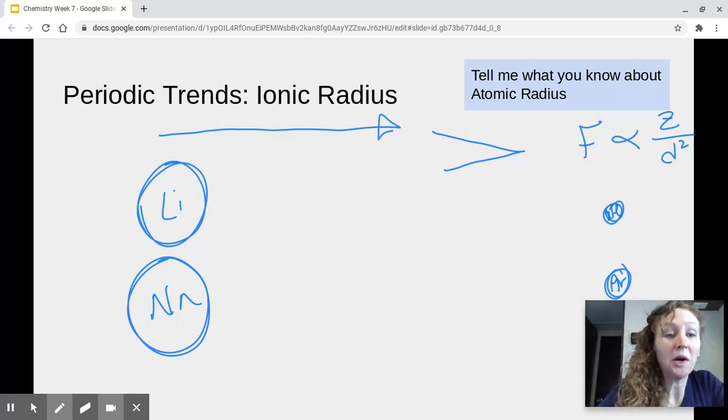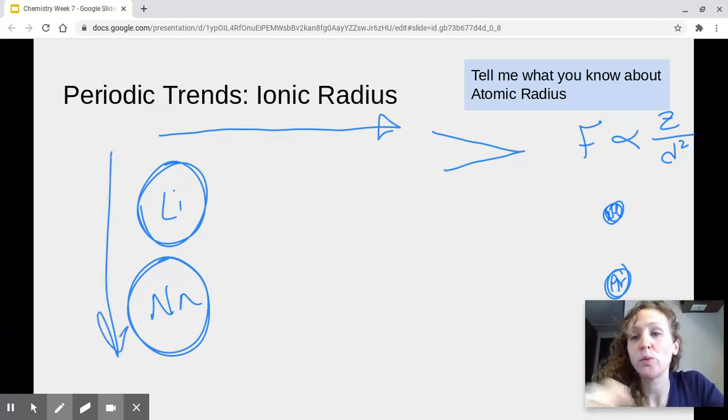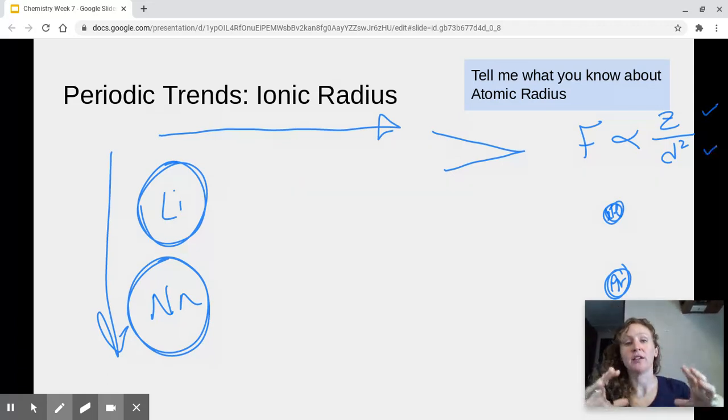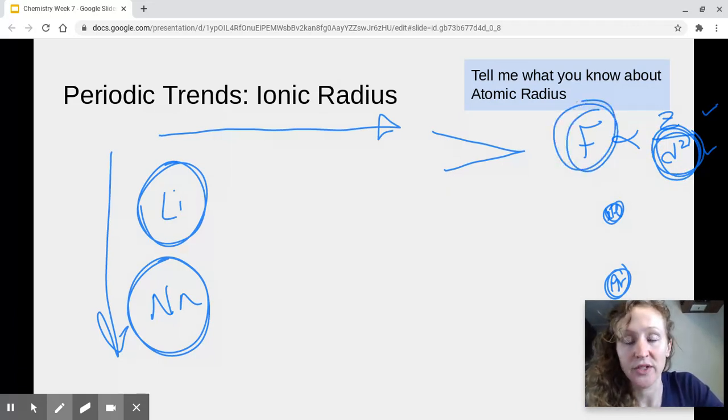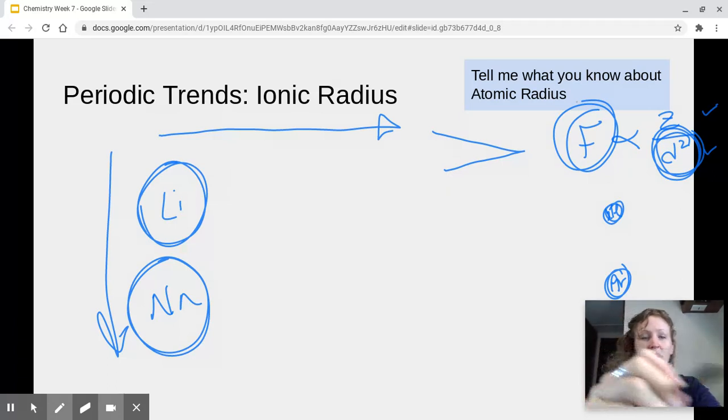Now, top to bottom, we do have an increasing number of protons, but we also have an increasing number of energy levels. And distance has more of an effect because it's squared on the force of attraction. And so as we add energy levels, this atom is not able to draw in its electrons as closely, and so it's going to get bigger and bigger and bigger.